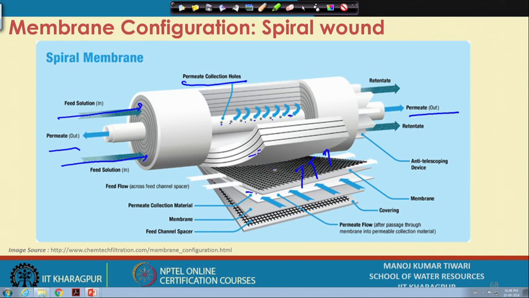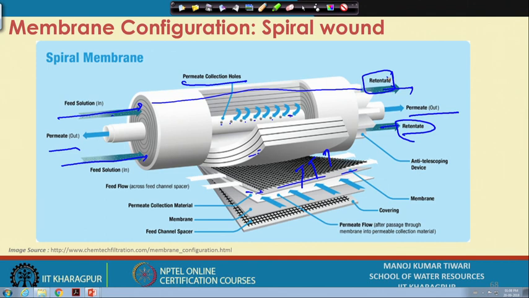And the reject water, or concentrate, what we call retentate, will keep on passing through these horizontal lines and will be collected over here as a retentate or as a concentrate. So, it is a cross flow module.